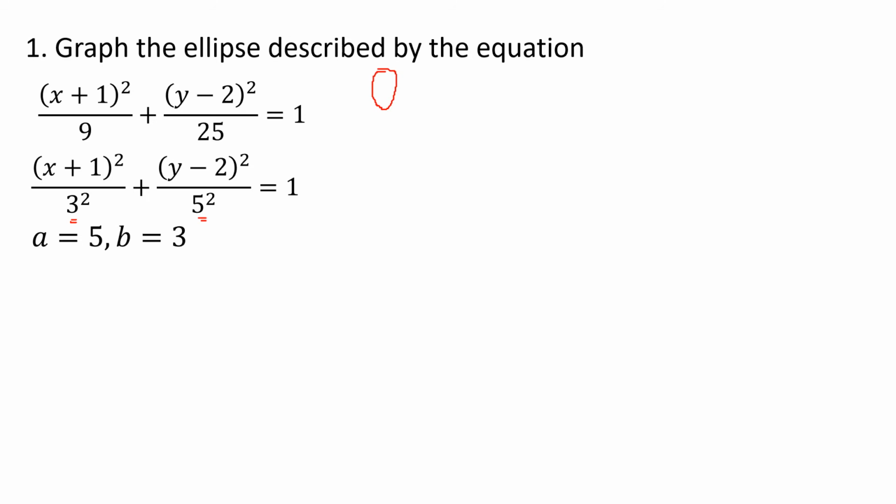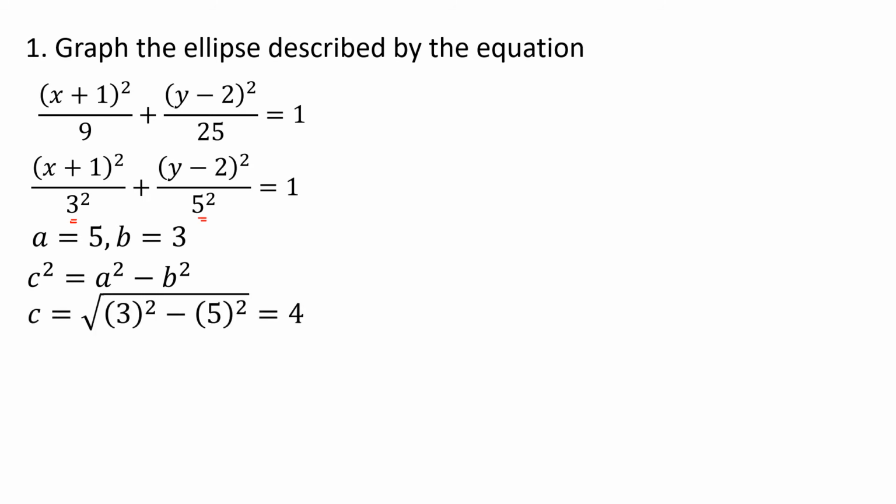Okay, so to solve for c, we have c squared equals a squared minus b squared. Then we solve for c, square root of, you substitute a, that is 3, and you substitute b, that is, again, there's an error here.